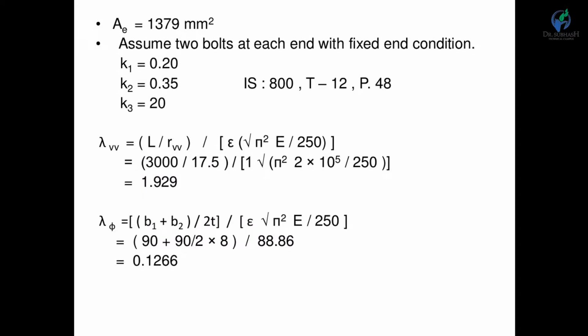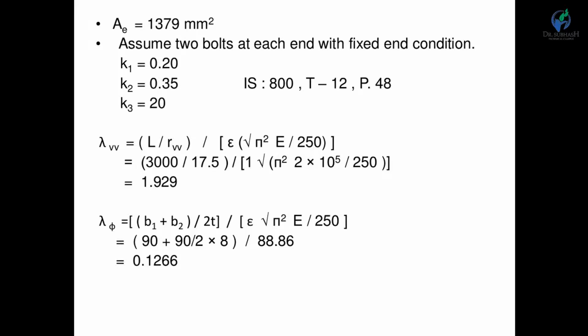Next, area of effective. Once all three criteria are satisfied and we find that our section is semi-compact, our area of gross is the same as the area of effective for a semi-compact section. So I'll directly take AE equal to the area of gross, 1379 mm square.